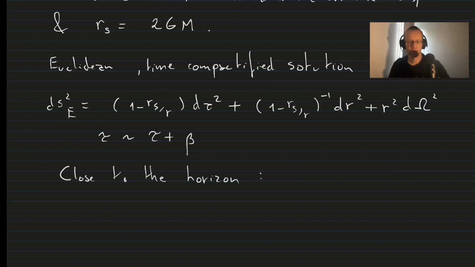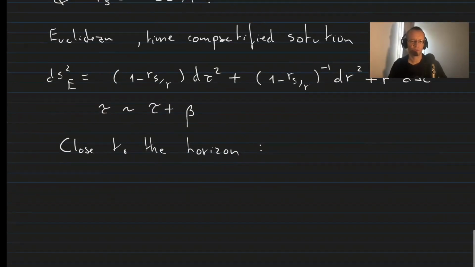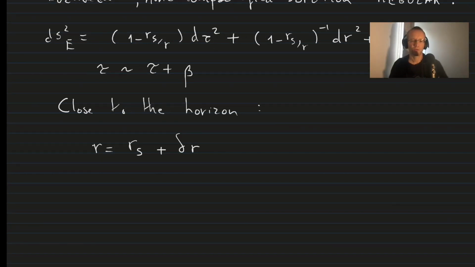And let's take a coordinate adapted to being close to the horizon. So we set r to be equal to the horizon radius, or the Schwarzschild radius, plus some small fluctuation delta r. We'll compute the metric close to the horizon.